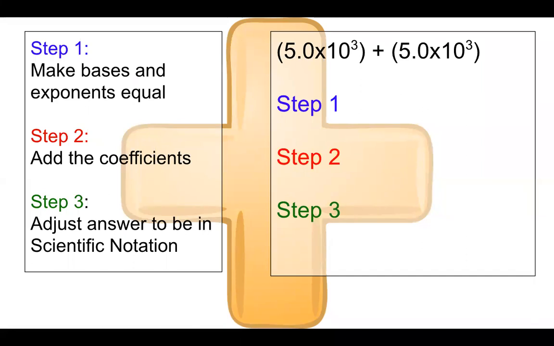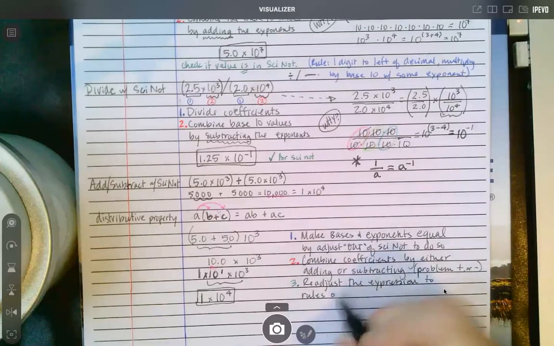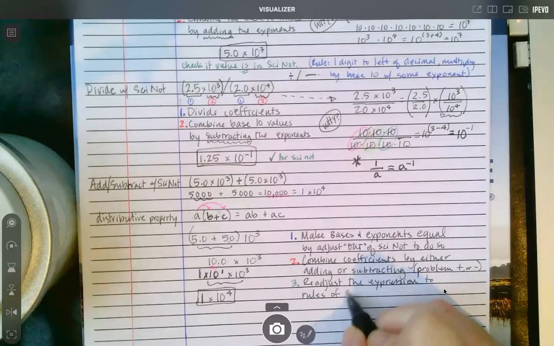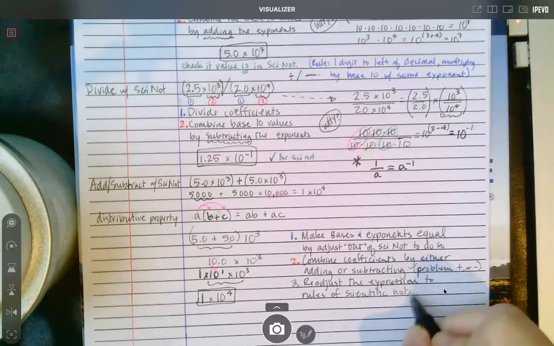The problem will tell you addition or subtraction. Okay, and then in the third step, we have to go back and readjust the expression to the rules of scientific notation.